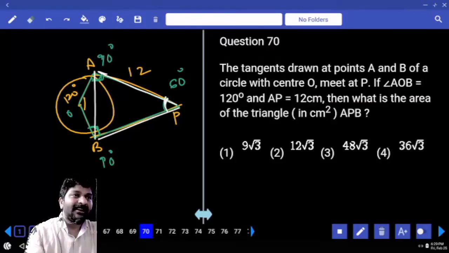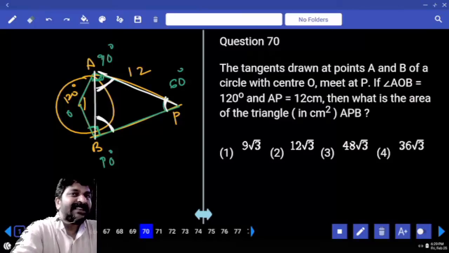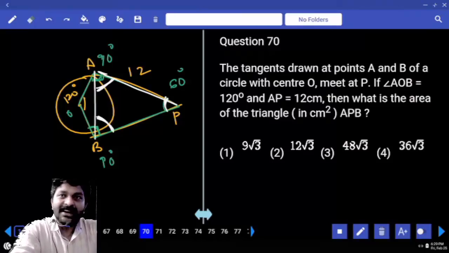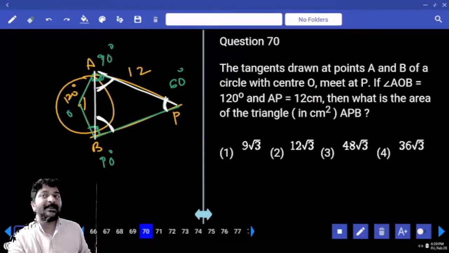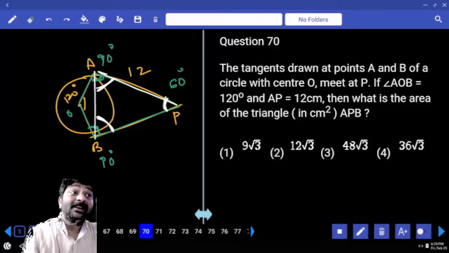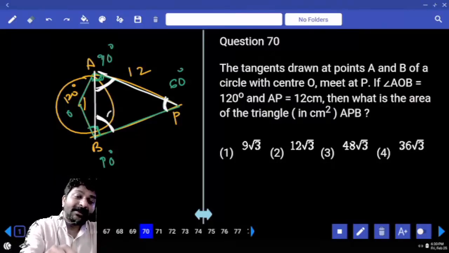Two sides are equal, so the angle at A and the angle at B must be the same, because two sides are equal in the triangle. Already one angle is 60 degrees, so the sum of the remaining two must be 120. The 120 must be equally divided between A and B, right? That means each gets 60 and 60.